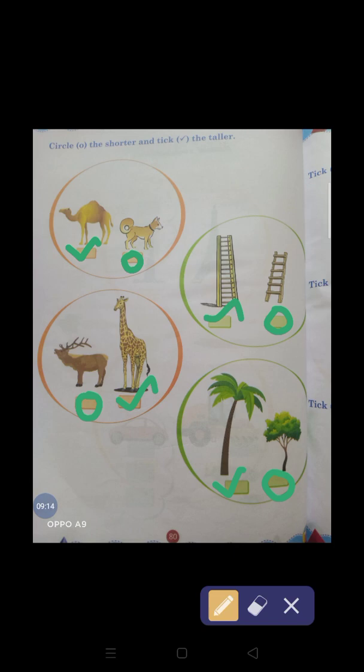Dog oda compare பண்ணும்போது camel தான் taller. இந்த ரெண்டு ladder compare பண்ணும்போது first ladder is taller. Deer and giraffe compare பண்ணும்போது giraffe is taller. இந்த ரெண்டு tree compare பண்ணும்போது coconut tree is taller. Taller கெல்லாம் tick mark பண்ணனும், shorter கெல்லாம் O போடணும்.